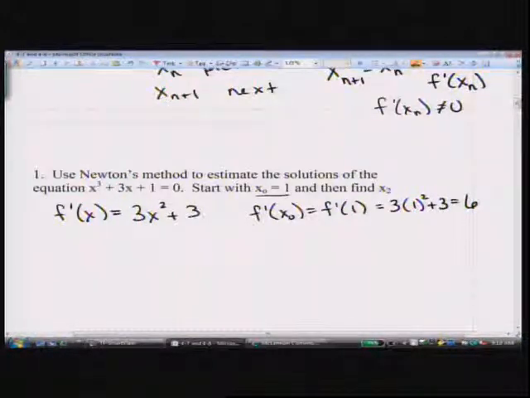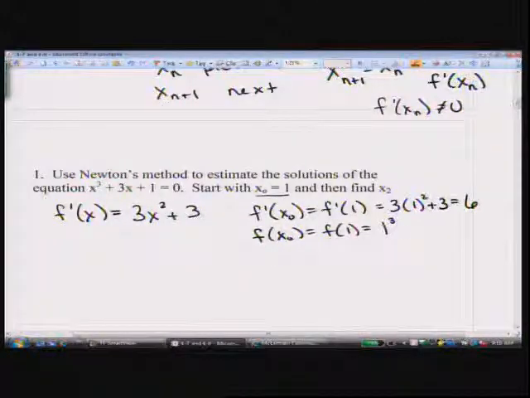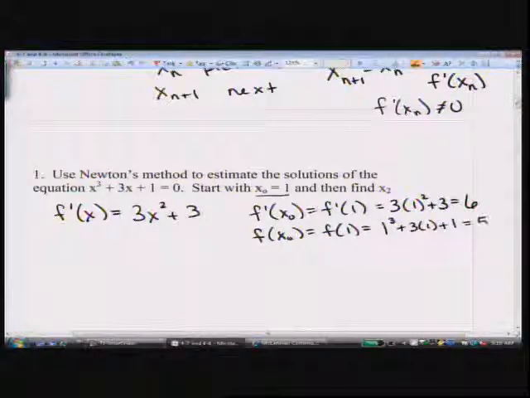And we will also need f at x naught, which is 1. F at 1, sorry. And so that's going to be 1 cubed plus 3 times 1 plus 1. So that's going to be 5. Okay?